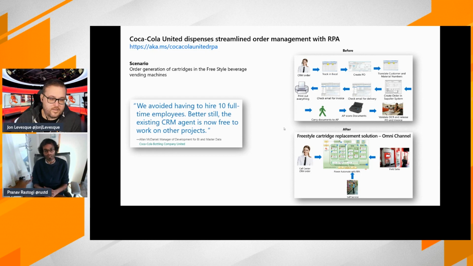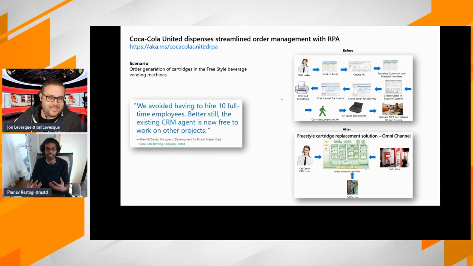And thank God. What they realized out of this whole automation experience was, obviously, cost savings. They didn't have to hire 10 full-time FTEs. But the key thing here was that the CRM agent is now freed up to work on business critical projects which are much more strategically important to the company, and they can contribute a lot better, versus sitting here clicking next, which is maybe not adding too much value.